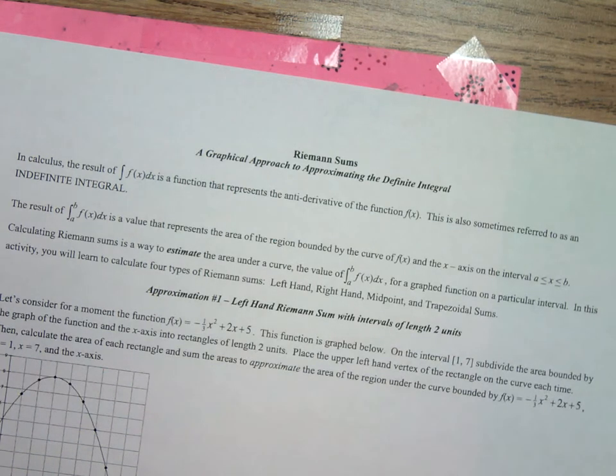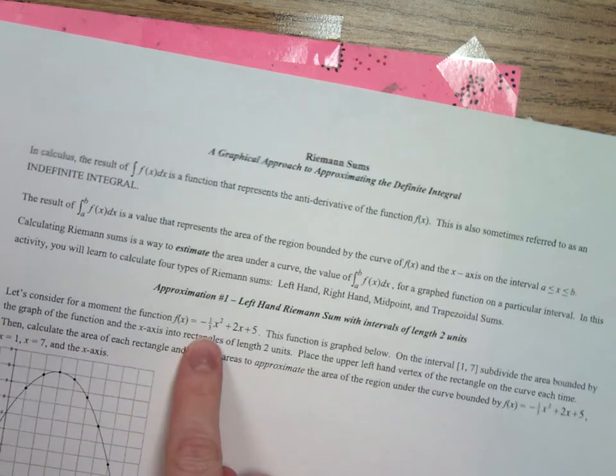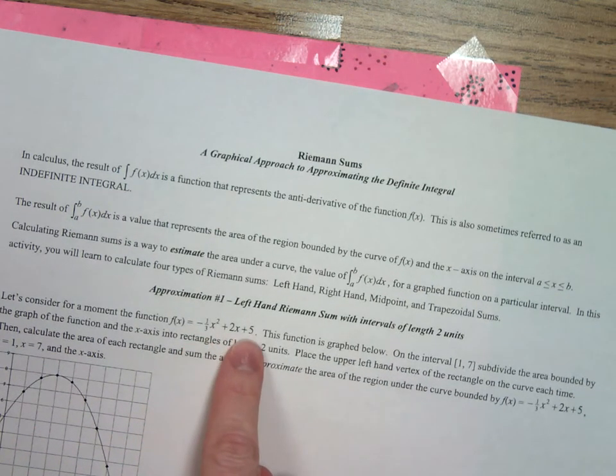Alright, so we're going to go with the left hand with intervals of a length of 2 units. And what we're finding, let me say this one more time, is we're going to be estimating the area under this curve. So we've got f of x equals negative 1/3 x squared plus 2x plus 5.